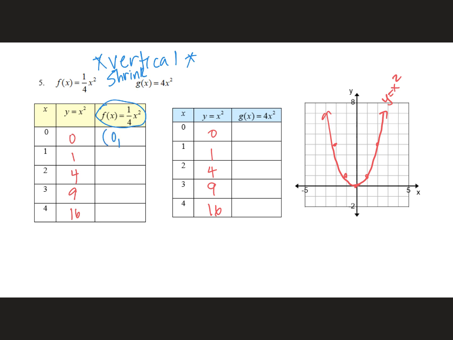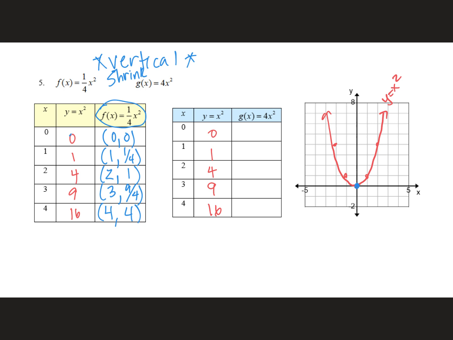So 0 and then 1/4 of 0. 1 and 1/4 of 1. 2 and 1/4 of 4. 3 and 1/4 of 9. And then 4 and 1/4 of 16. And so what happens is you'll see that makes that graph actually stretch out. It doesn't increase as fast.